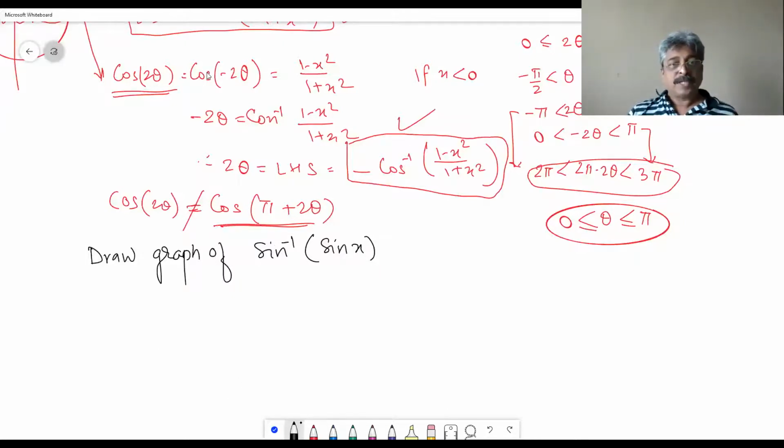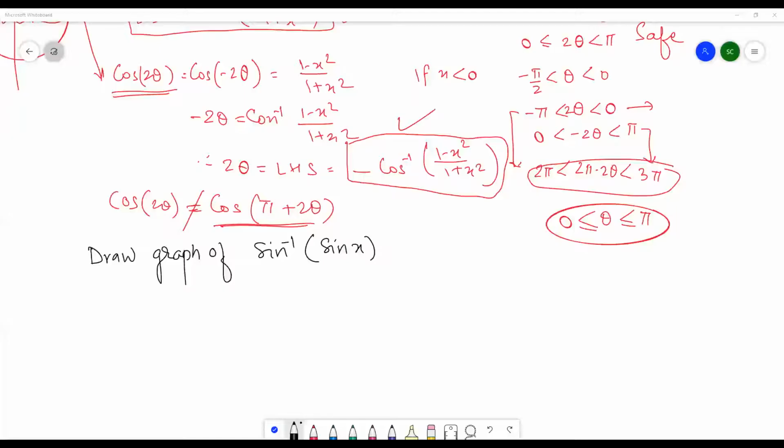The graph of sin inverse of sin x looks like x, except for curvatures, at 45 degrees. So these are 45-degree lines. They pass through the origin. This is pi by 2, this is minus pi by 2, this is pi, minus pi, etc.